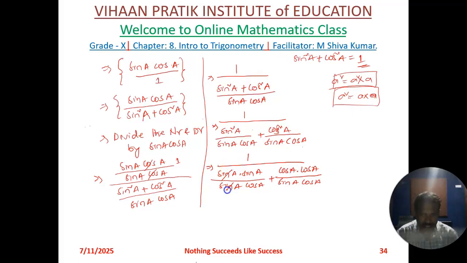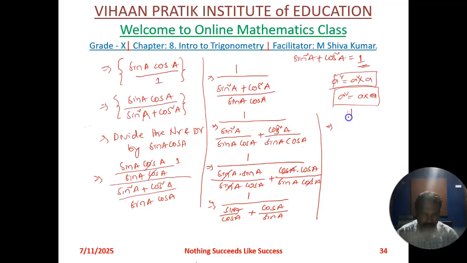So one sine cancel, one sine cancel, one cos cancel, one cos cancel. Now which will equal to 1 divided by sine A divided by cos A plus cos A divided by sine A. Now what is the value? Sine by cos is tan.